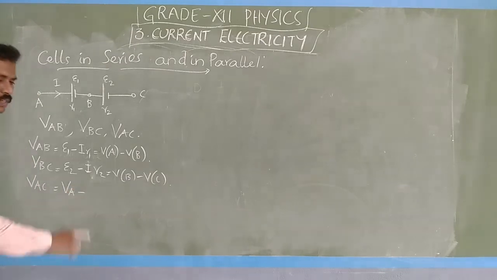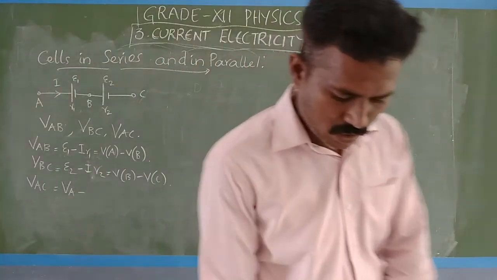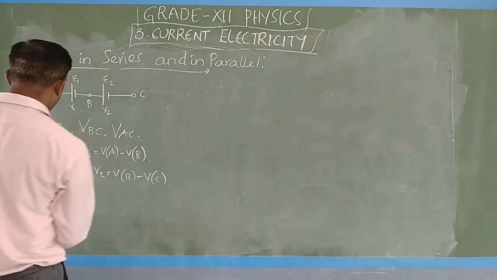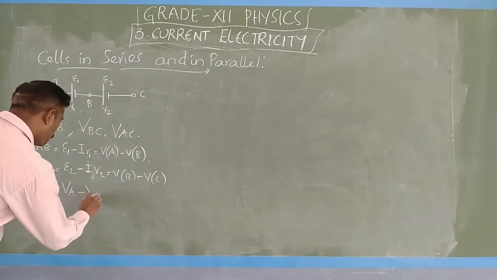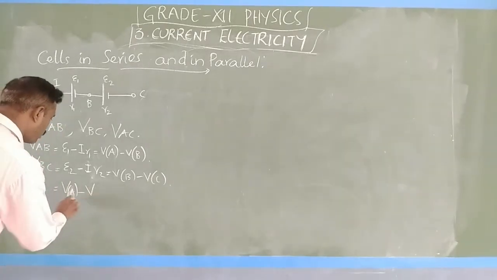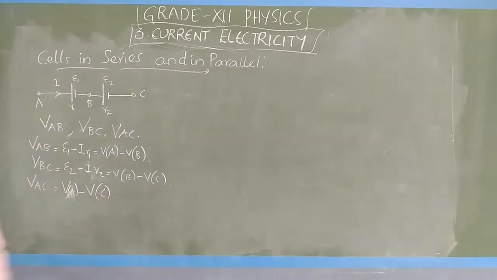VAC is VA minus VC. V of A minus V of C is VAC. So I will show you how we get this.